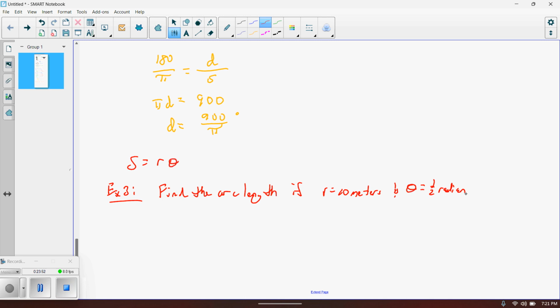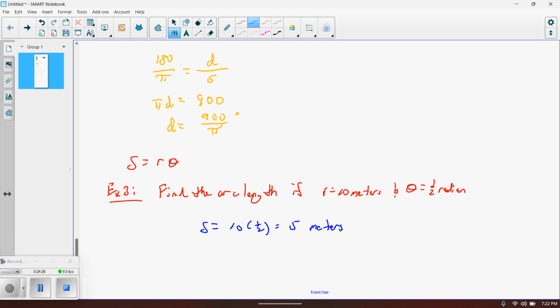It's already in radians. So using the formula, it is literally just S equals r times theta. And that's it. You end up with 5 meters, the length around the outside of the arc. If you had a circle with a radius of 10 meters and you wanted to go 1/2 of a radian around that circle, the arc length would be 5 meters.